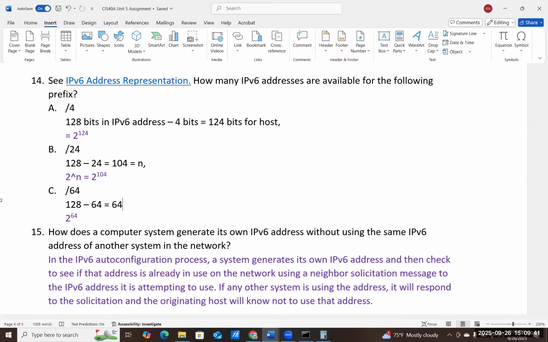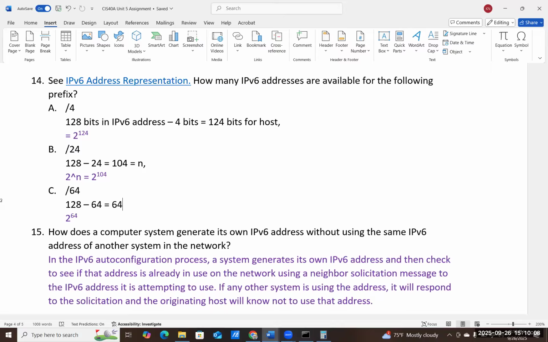So when you subtract, you get the n value, and you plug that value in as the exponent, which gives you the number of hosts for that segment. And that's how you do it. Pretty straightforward. When we get to subnetting for IPv4 later, you're going to see it's kind of similar. We're still going to use base 2.